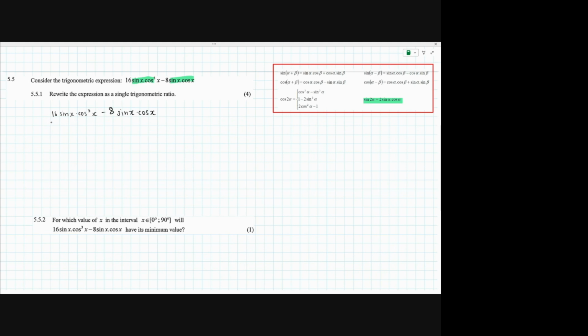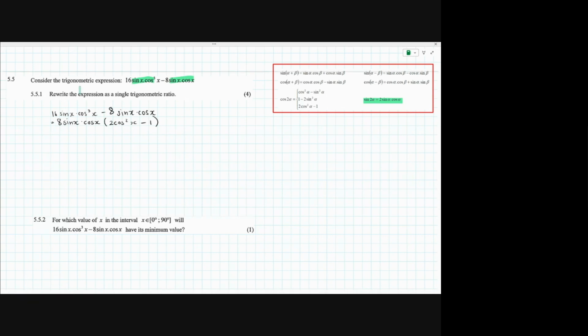Nice, Lorato. Okay. So 8 sine x cos x. Beautiful. So we take that out. That leaves me with 2 cos squared x minus 1. Now again, this should be familiar to us.